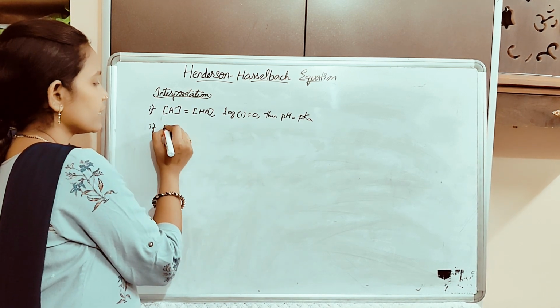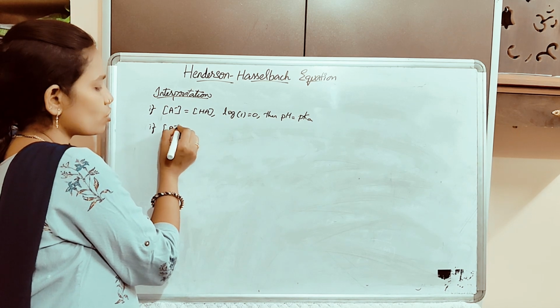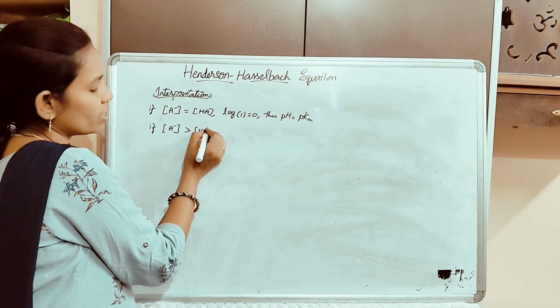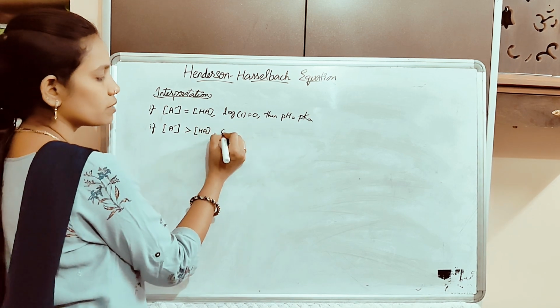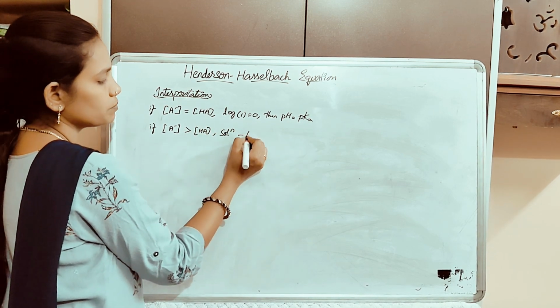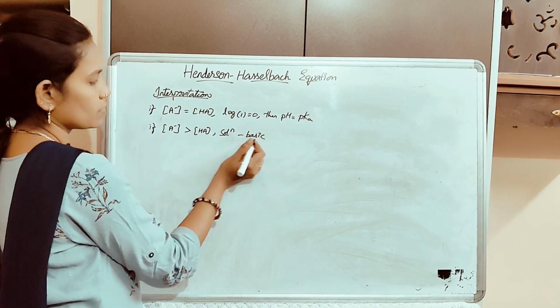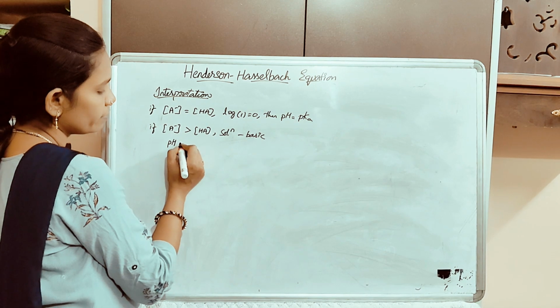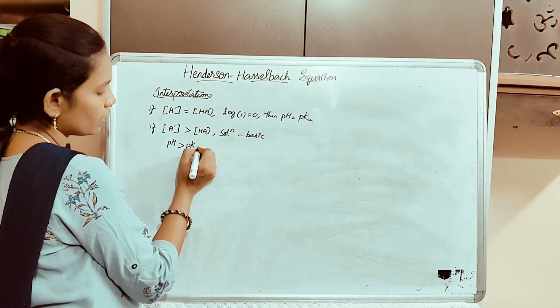In the second case, if the concentration of conjugate base is greater than the concentration of weak acid, then the solution becomes what? It becomes basic. Then what will happen to the pH? pH will be greater than pKa.